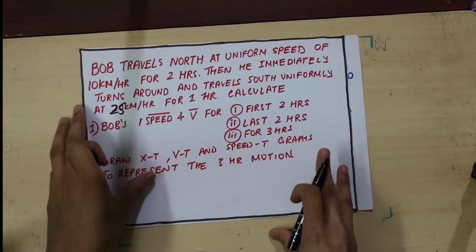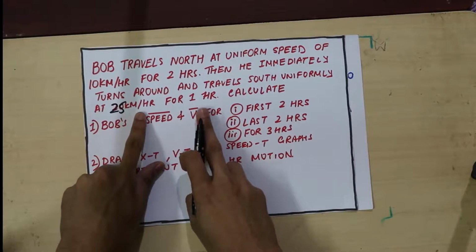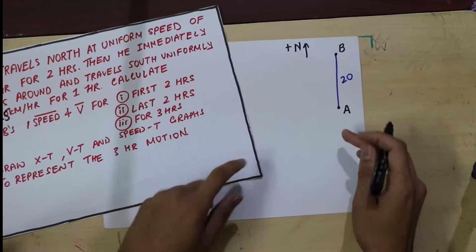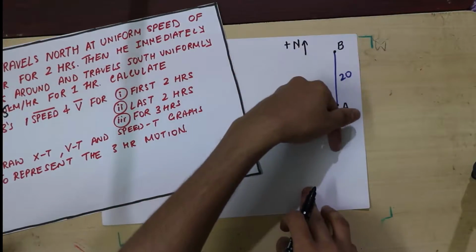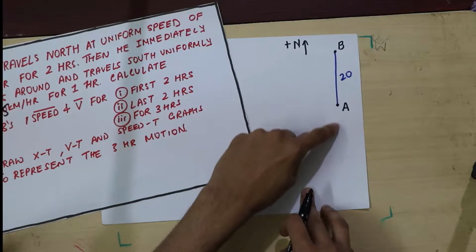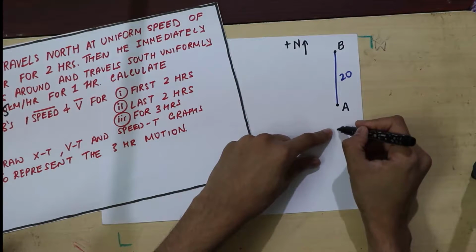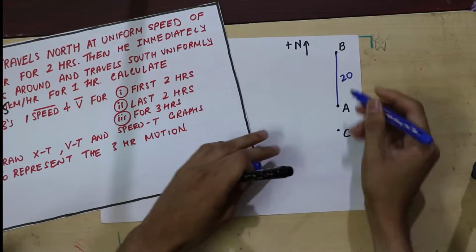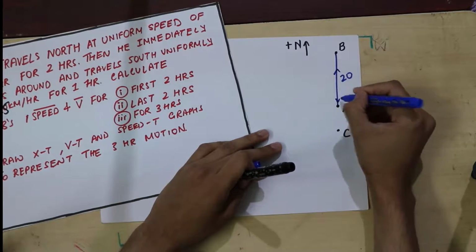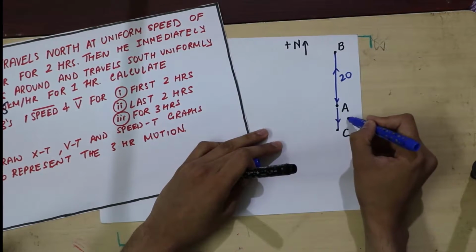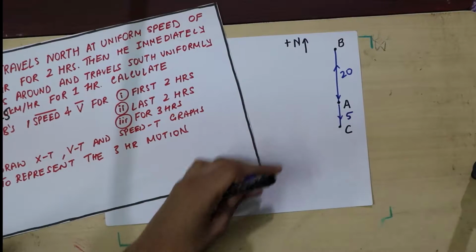Again, let's see how much distance he travels: 25 kilometers per hour for 1 hour means 25 kilometers. He already traveled 20, so he comes back to the initial position, and then he travels an additional 5 and ends up somewhere over here. Let me call that point C. So he goes this way, then returns back, and goes further back. And this is 5.